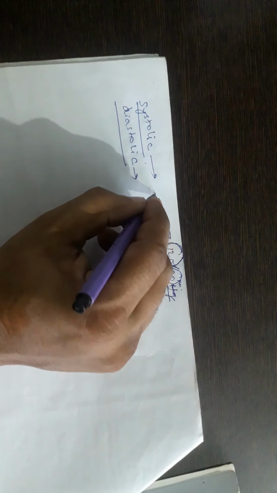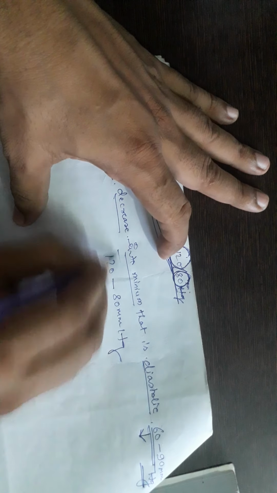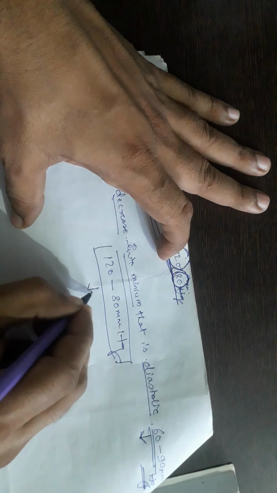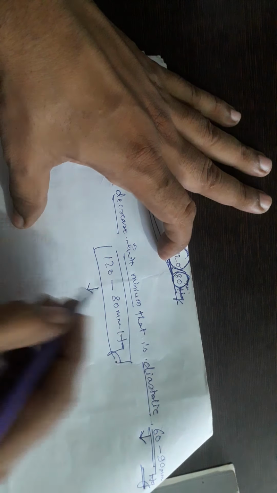If it is more than that, then we say you have high pressure. And if it reduces to less than 60, then you have low pressure. If the range is 120 to 80 mmHg and it is less than this, then it is low blood pressure, and if it is more than this, then it is high blood pressure.